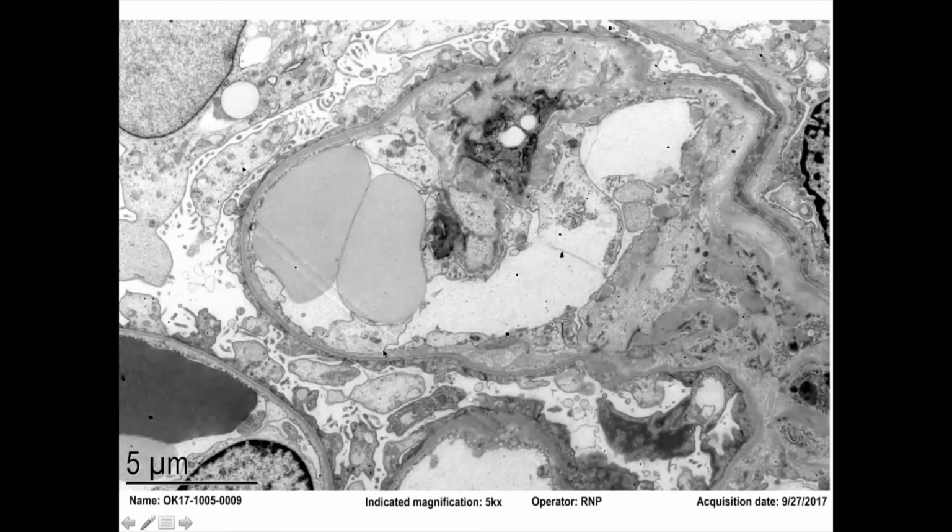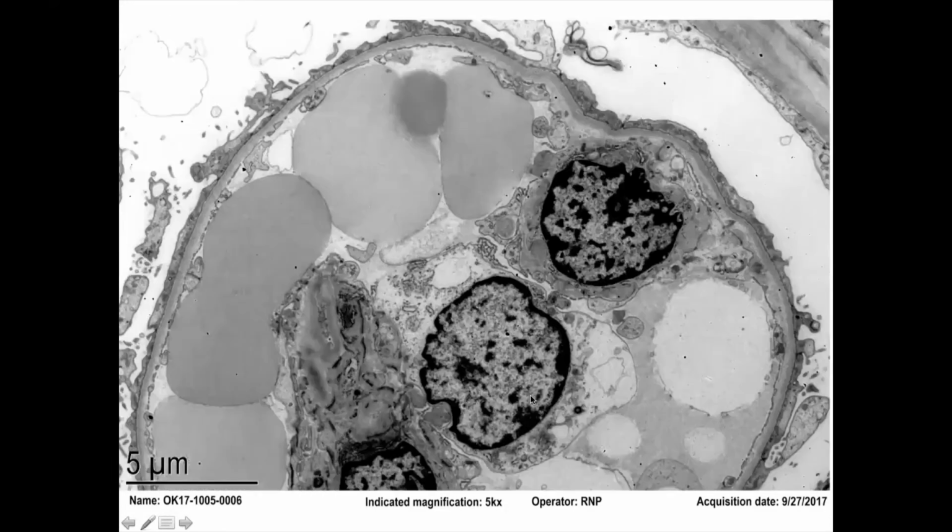We don't have a single separate podocyte, maybe just this one lost in the middle. Most of the podocytes are so injured, they're holding hands. There is complete effacement of the podocytes. Again, here you can see it, one individual podocyte. They've all become one.